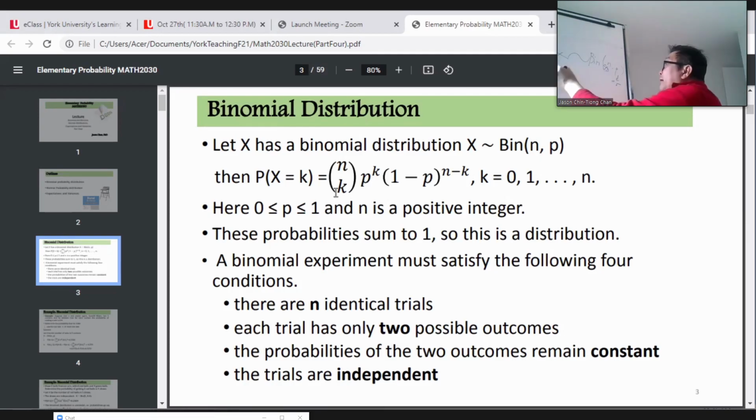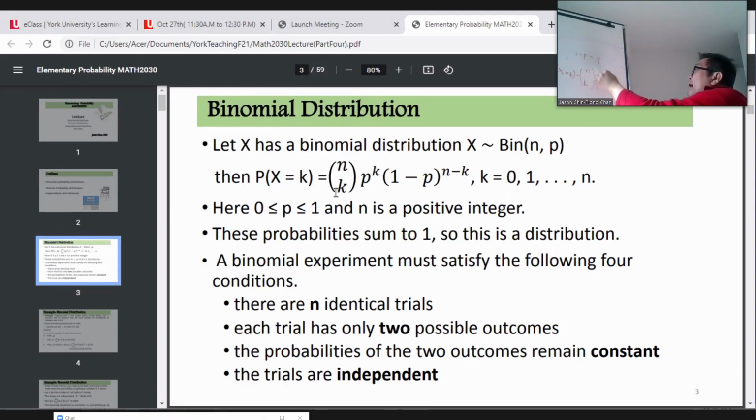The formula is, I put k here, so n choose k, this is the combination. And then this is p to the power k. And then here, 1 minus p. If you don't want to write 1 minus p, you can use another notation. After p, for the alphabet A to Z, what comes after p? Q. Okay, thank you. So we use q to the power n minus k.